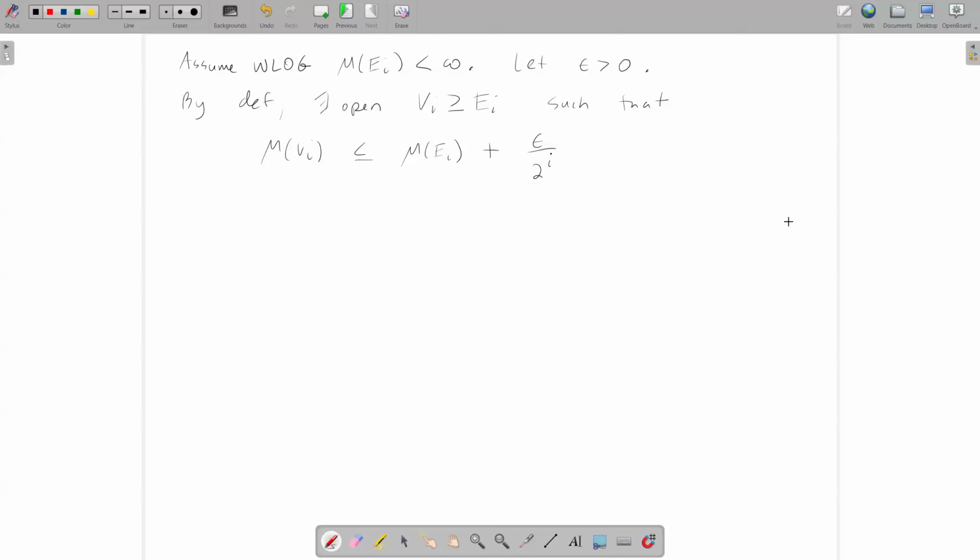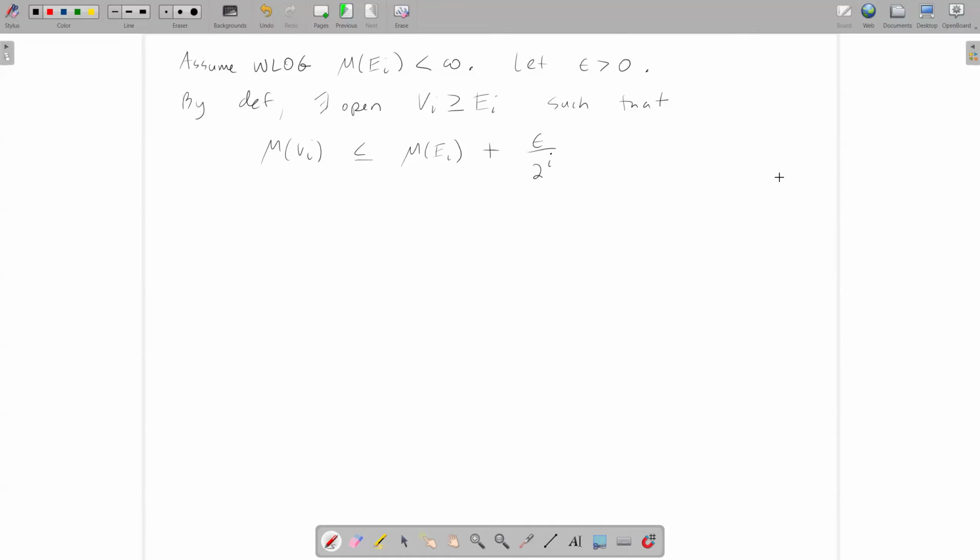Okay. So this is generally smaller than epsilon. But the nice thing is this is getting smaller and smaller as i increases, and I'll be able to add these up and I won't exceed epsilon. That's really the reason why we're doing this. This is a classic trick in analysis. Okay.